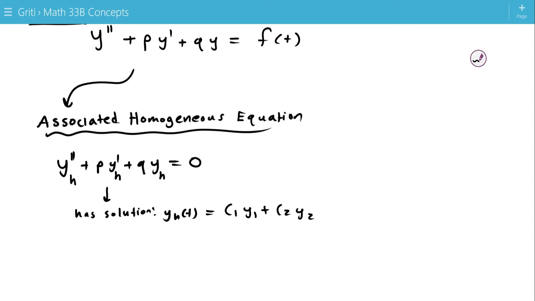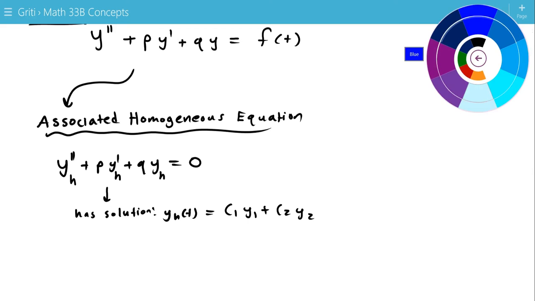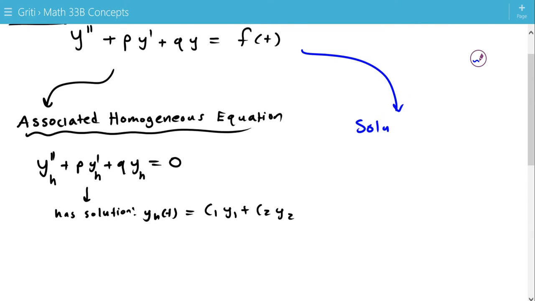So the solution to this inhomogeneous equation, y of t, is going to equal this homogeneous solution yh of t plus a particular solution yp of t.